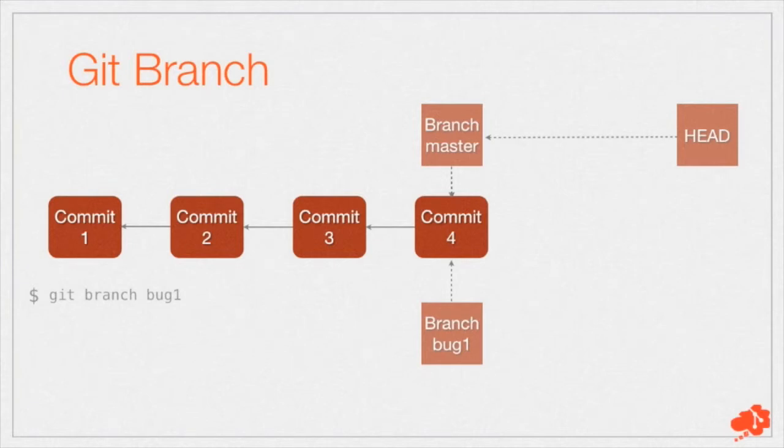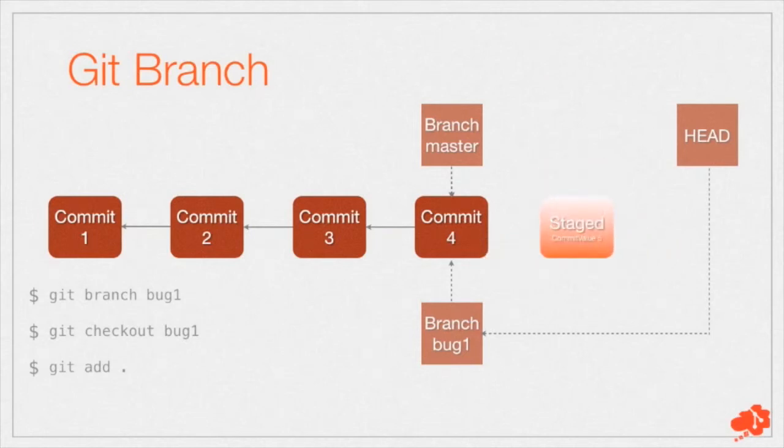To be able to do work on your bug, you need to actually check out your new branch. All this does is change the head pointer to point from the master branch to the bug1 branch. You make your changes, and then you add them to the staging area so that you can commit them.